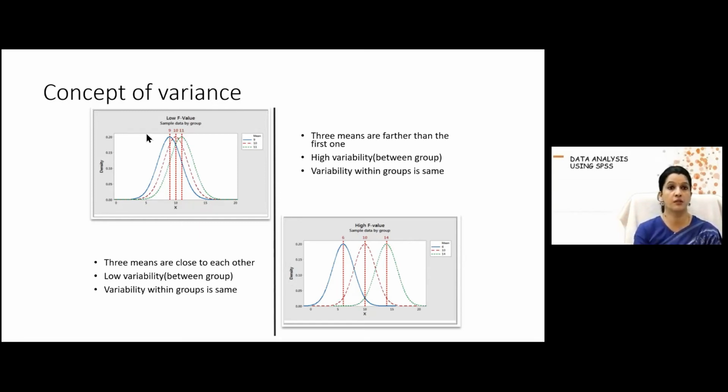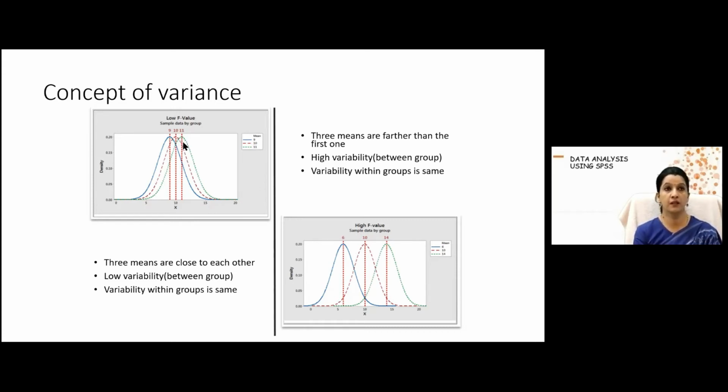Now focus on this graph. Here you can see there are three similar-looking graphs. The within-group variability is the same, but the three means are farther from each other. You can see it is 6, 10, and 14, whereas here the means are 9, 10, and 11.